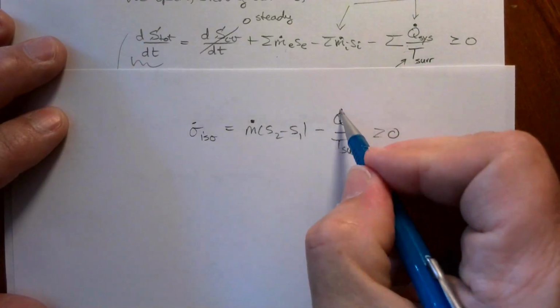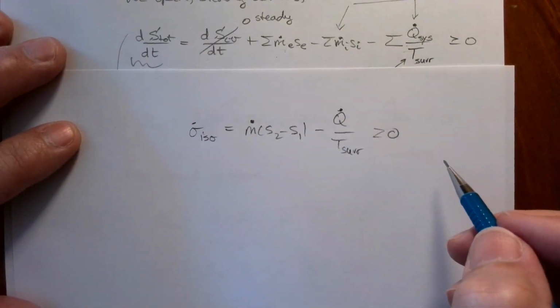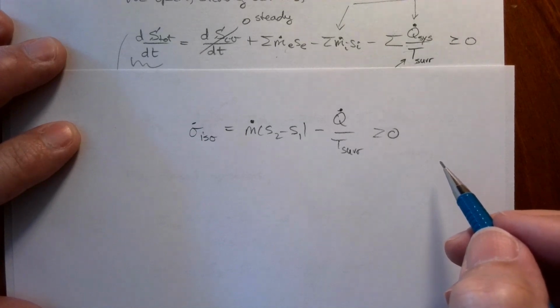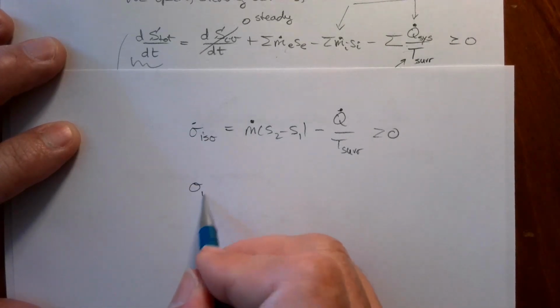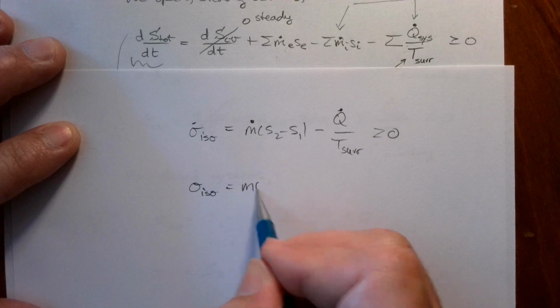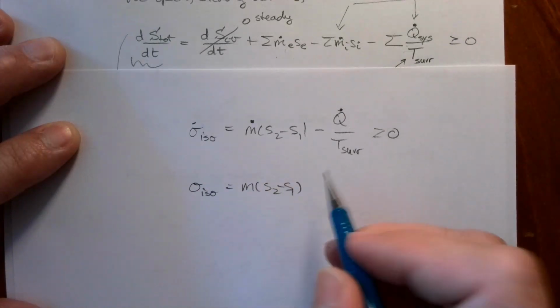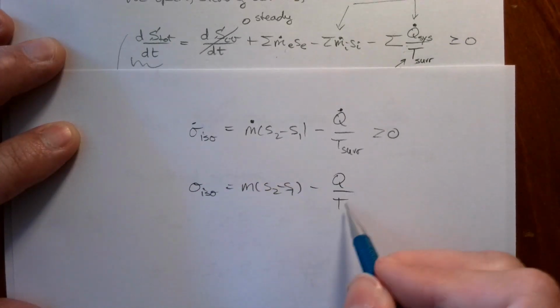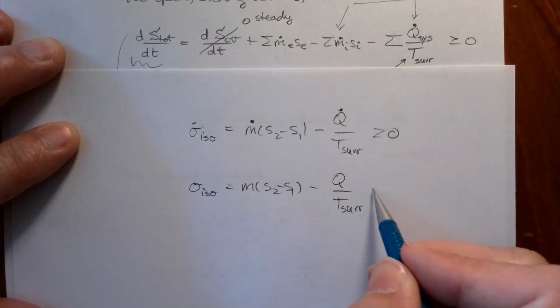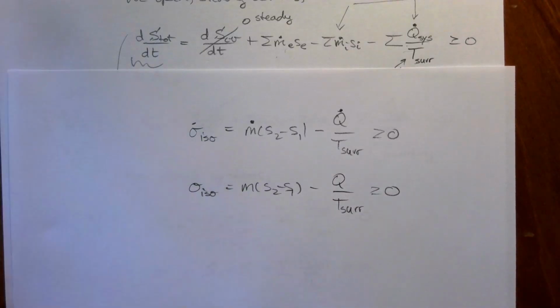Single stream. If it's a closed system, we would have sigma isolated equals m (S2 minus S1) minus Q over T surroundings, greater than or equal to 0.